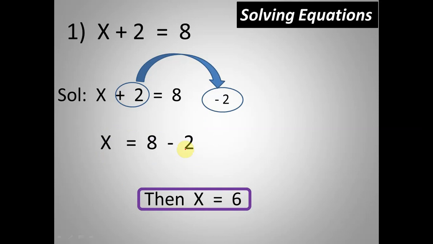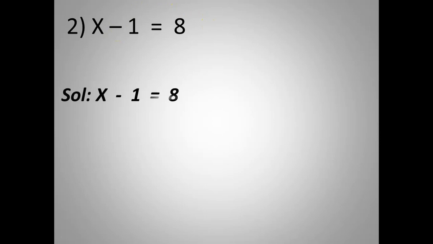We will go to another example. Example number 2: x minus 1 equals 8. We will take minus 1 and go to the other side and write it plus 1. Solution: x minus 1 equals 8.